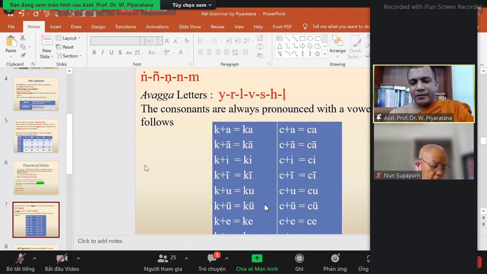But when we concern ourselves with pronunciation, combining the vowels with the consonant, we have to use it like that. Even though the avagga letters do not belong to any of the five groups, when they pronounce, they also belong to the previous vagga group.